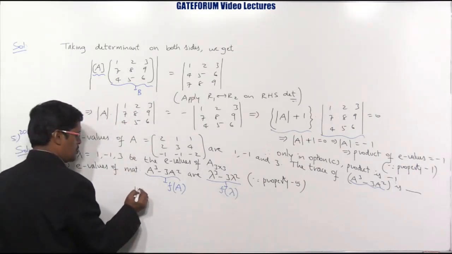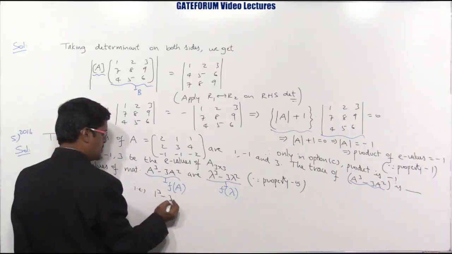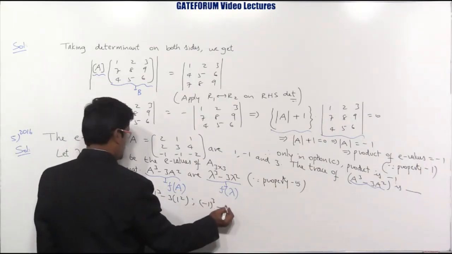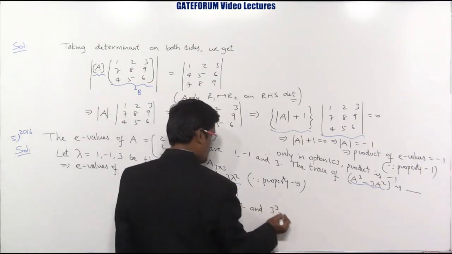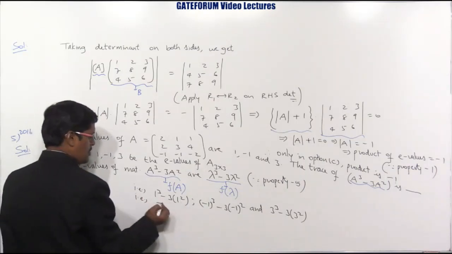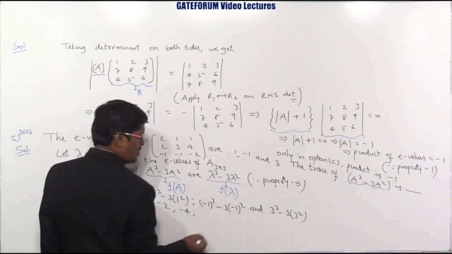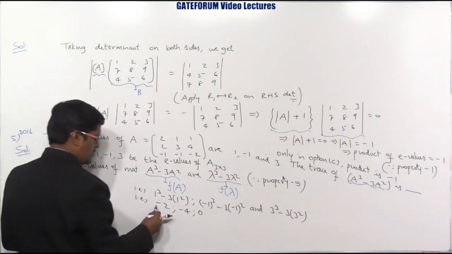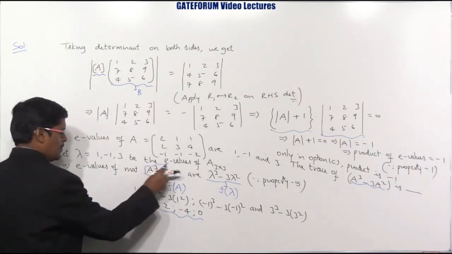Now substitute each lambda one by one. Here 1 cube minus 3 into 1 square. Next, minus 1 whole cube minus 3 into minus 1 whole square. And finally, 3 cube minus 3 into 3 square. So you get minus 2, then minus 1 minus 3 which is minus 4, and 3 cube minus 3 into 3 square simplifies to 0. So these are the eigenvalues of the matrix A cube minus 3A square.